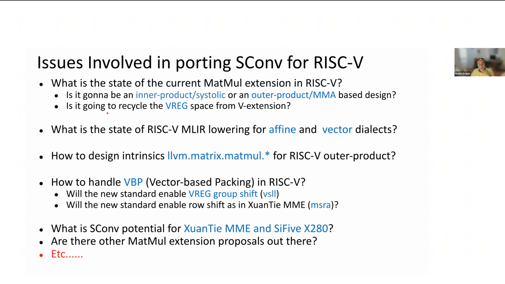The other point that was raised to us is whether we are going to recycle the vector register space from the V extension or not. Is the matrix storage going to be mapped virtually or logically on top of the vector registers? For the MME, as far as I understand, it's not. It's a separate extension and has its own set of matrix registers. But this might have some implications.